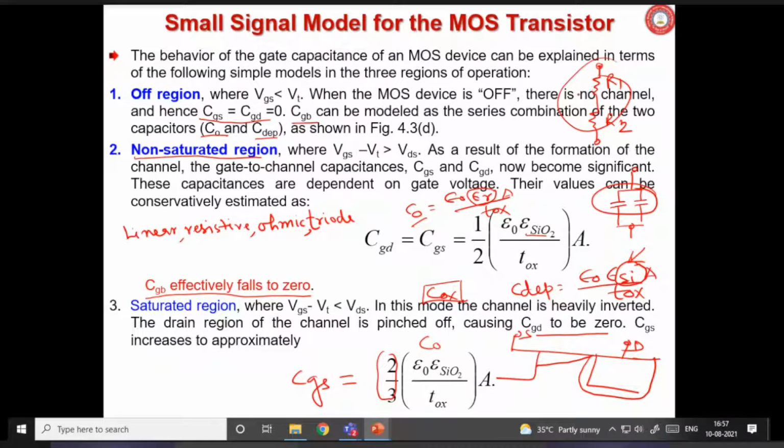Let it be any value. Let it be 1 microfarad, this is say 3 microfarad. But ultimately, if they are in series, then their value will be reduced. Like if you connect two resistances in parallel, the effective resistance will be less than or equal to the minimum one.